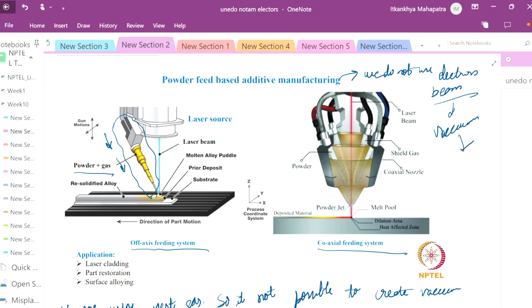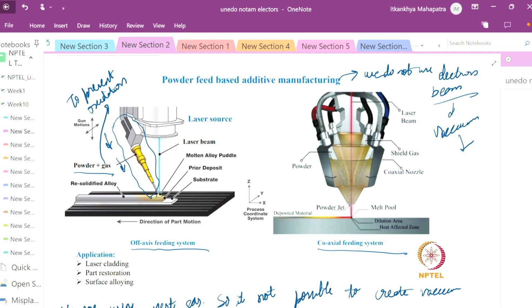The function of the gas is to prevent oxidation, and this gas carries the powder particles. By changing the pressure of the gas, we can change the concentration of the powder particles. Now this is about the off-axis feeding system.